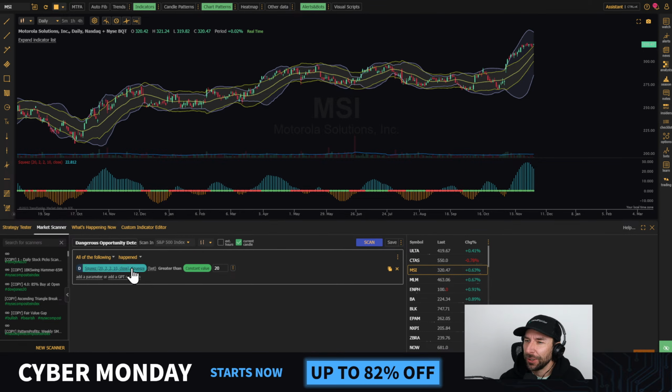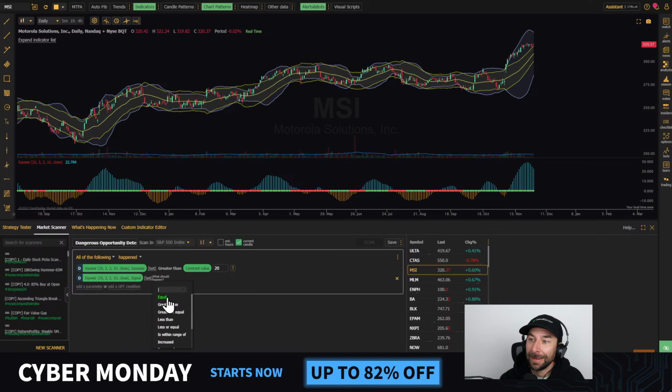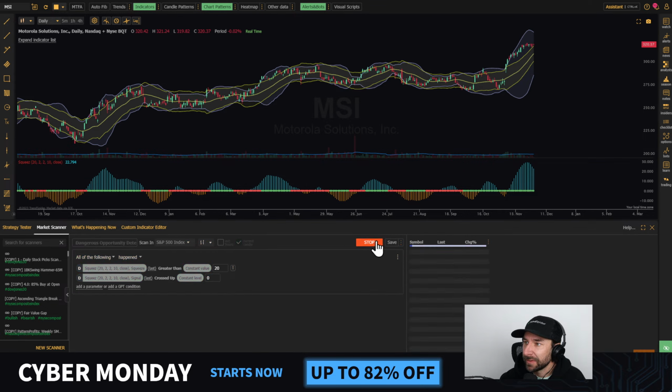That's how you're defining it. You're using this squeeze to define the histogram bars. You can define it greater than a constant value, less than a constant value, crossed up on 0, crossed down on 0. And then you're using signal to define the dot.